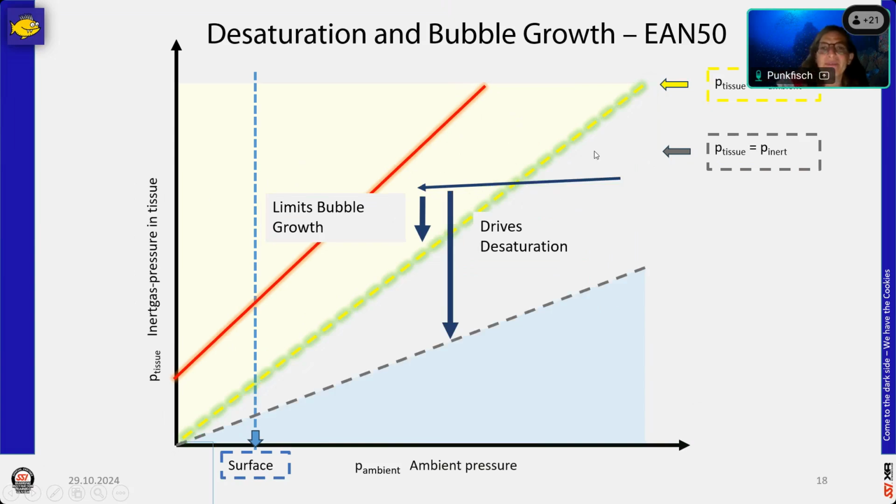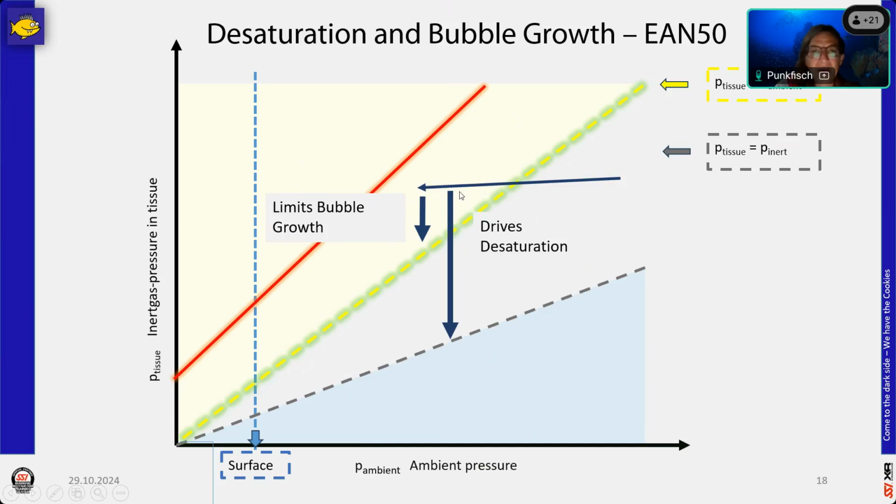Because if you compare this plot, we just switched to a nitrox 50, and we just reduced the inert gas pressure, the nitrogen pressure, by half. And that means that in the moment when I breathe this gas, I am already only somewhere in this area where the tissue is over this inert gas equilibrium line.